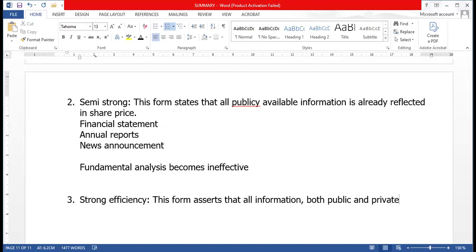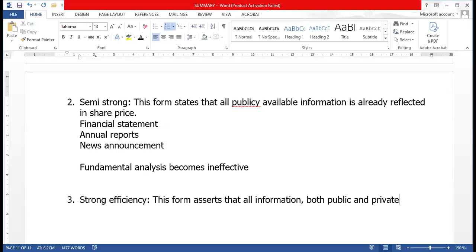private. Remember, just looking at the information, you will have access to such information, but sometimes there is information that is not published. So when it comes to strong, we are looking at what is published to all users, whoever is interested in that information, and also information that is private.